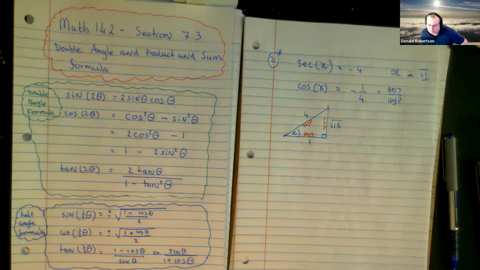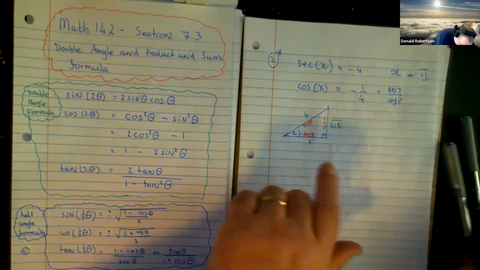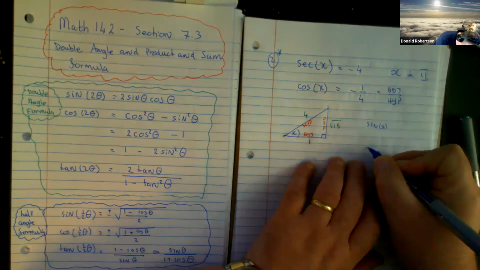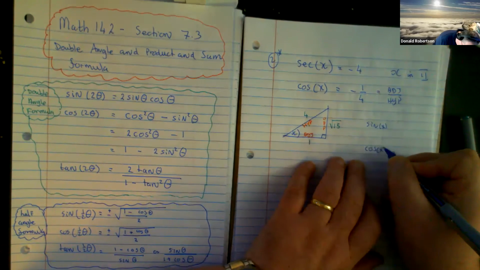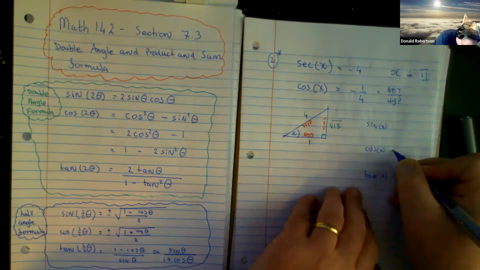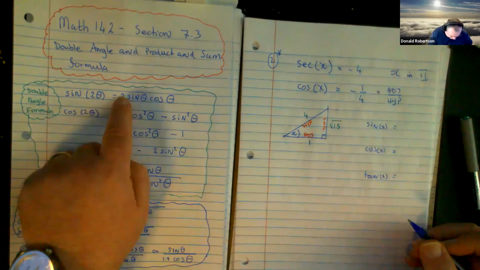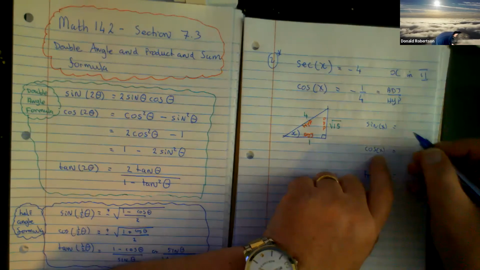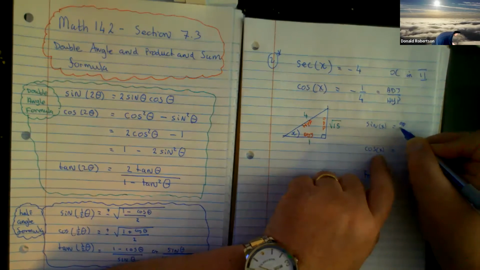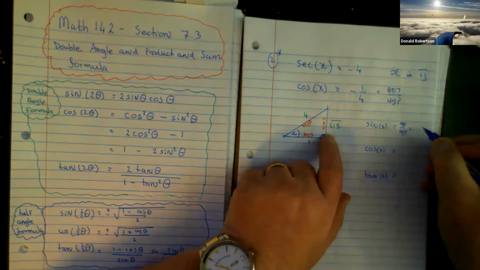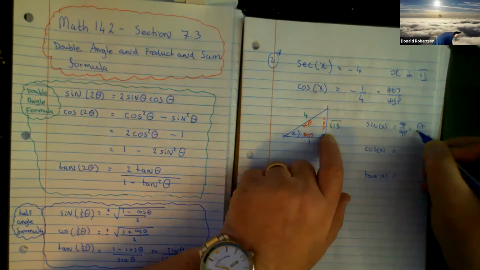Now, I'm going to set up the sine of x, cosine of x, and the tan of x, because these are going to be the building blocks for the double angles. And okay, well, the sine is opposite over hypotenuse, and opposite in this case is square root of 15 over 4.